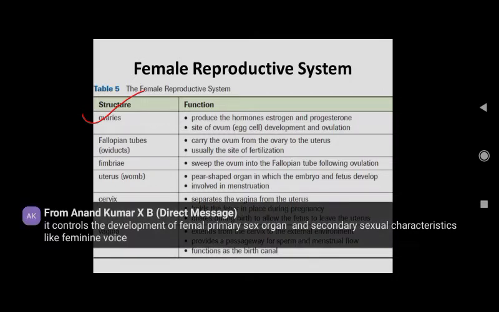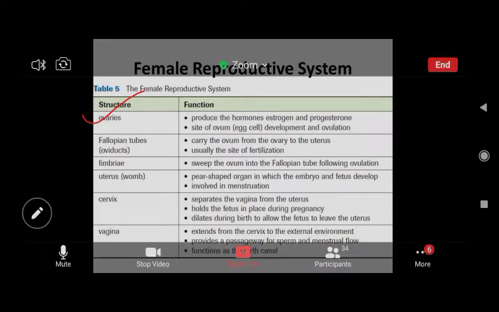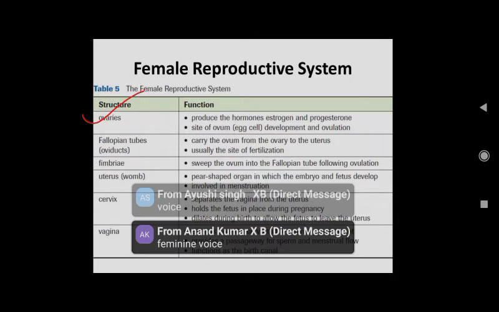Yes, estrogen has two important functions. First, it controls the development of the female primary sex organ and also controls female secondary sexual character. Students, can you tell me what is female secondary sexual character? Very good. Feminine voice, less body hair.